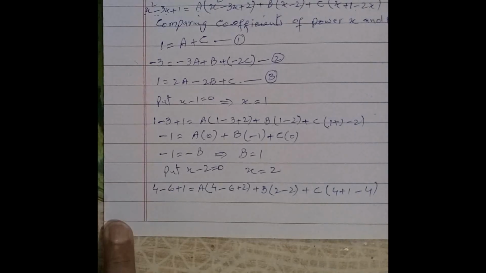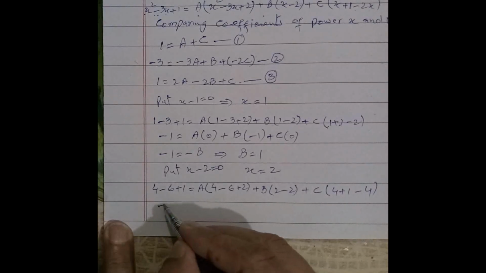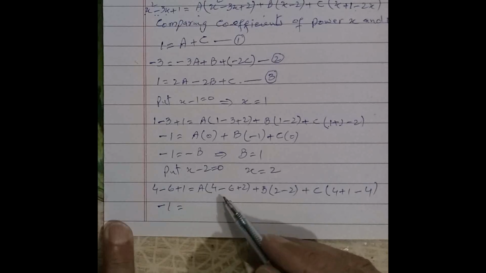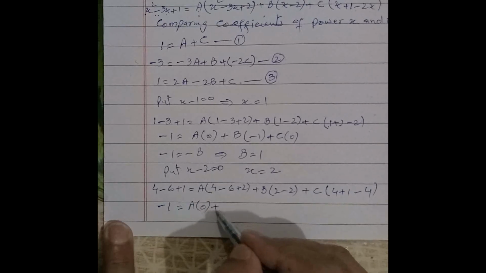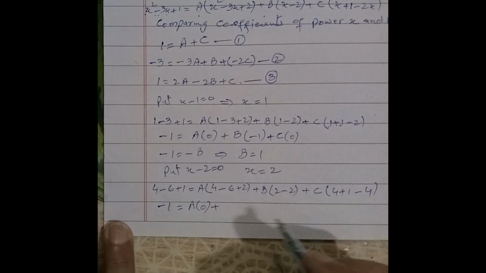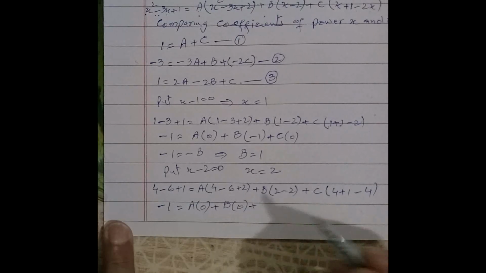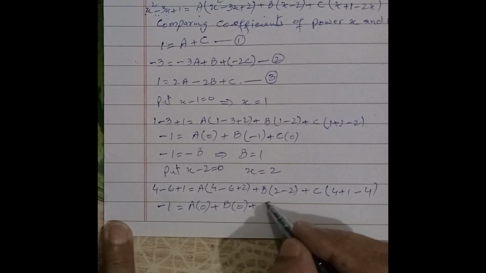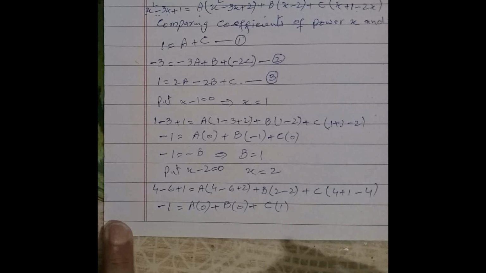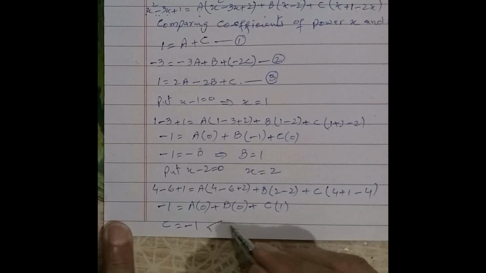Now simplify these values. We get 4 plus 1 is equal to 5 minus 6 is equal to minus 1. 4 plus 2 is 6, 6 minus 6 is 0, a into 0 plus 2 minus 2 is equal to 0, b into 0 plus 4 plus 1 is 5 minus 4 is equal to 1, c into 1. So the value of c is equal to minus 1.